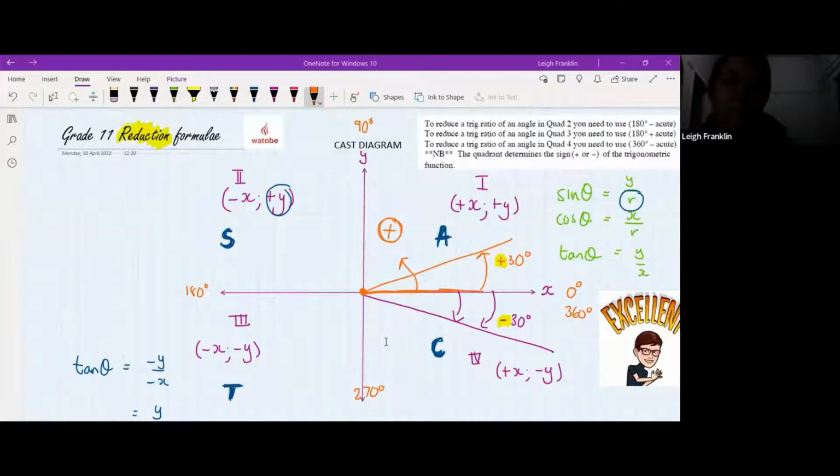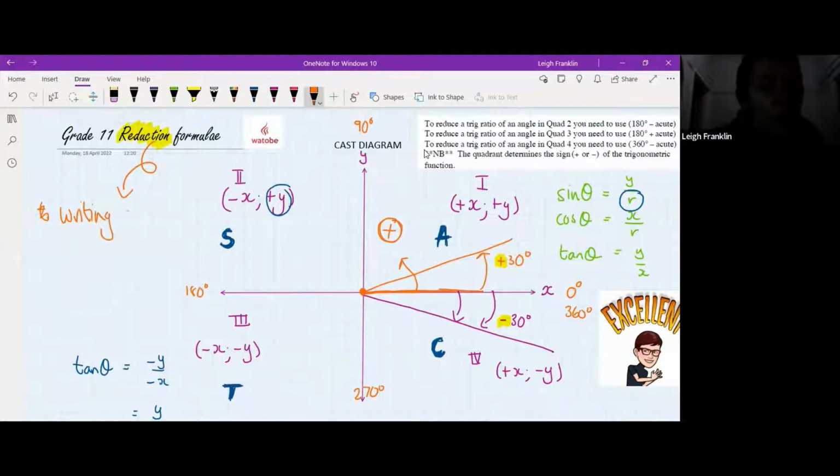That's perfect. So what we are doing when we are working with reduction formulae is that we are trying to write all angles as though they are acute. Okay, so that's the idea behind reduction, we're writing all angles as if they were acute angles.